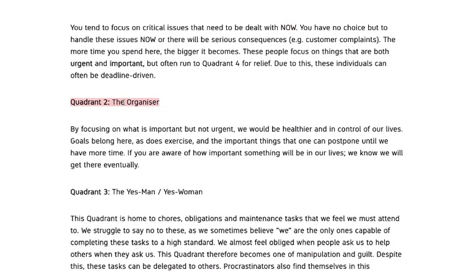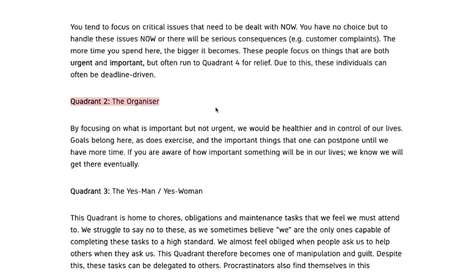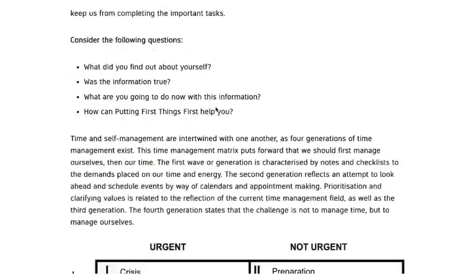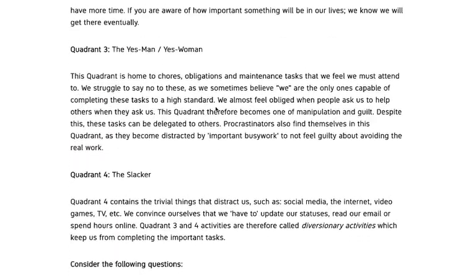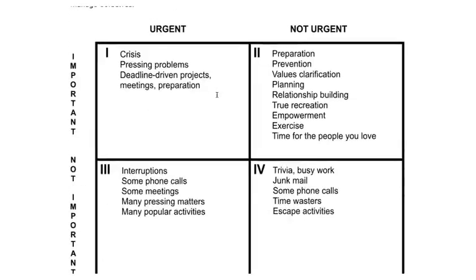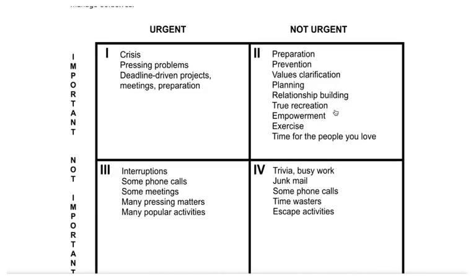Quadrant number 2, which is where Covey says we should spend most of our time, is focusing on things that are important but not urgent. And the urgency is kind of taken away by the fact that we plan and we prepare for these things. These are things like recreation, so that's like painting, empowering others, that's exercising, making time for the people you love.